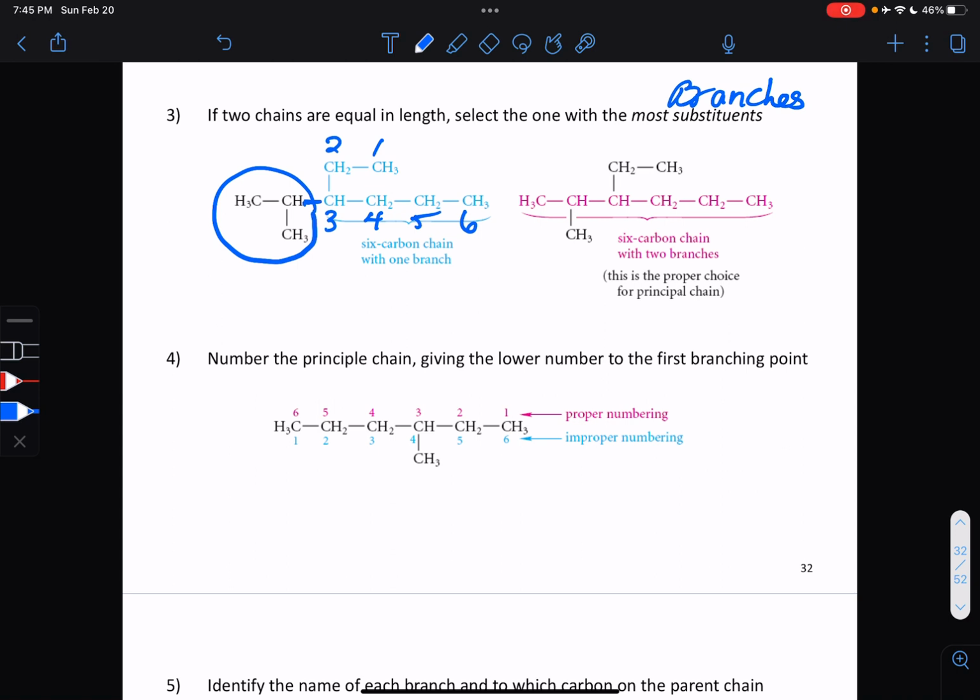So you would not want to do that because you want to select the one with more substituents. And that's what the molecule on the right shows us.